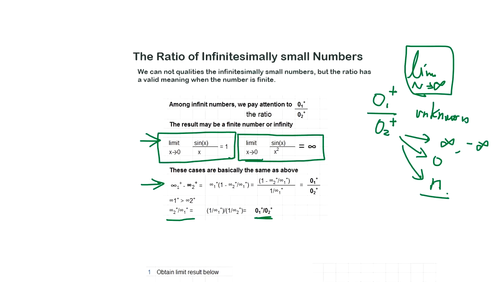Okay, infinity divided by infinity is almost the same as 0 positive over 0 positive. So for this infinitesimally small number ratio, we need to investigate more what this is about.